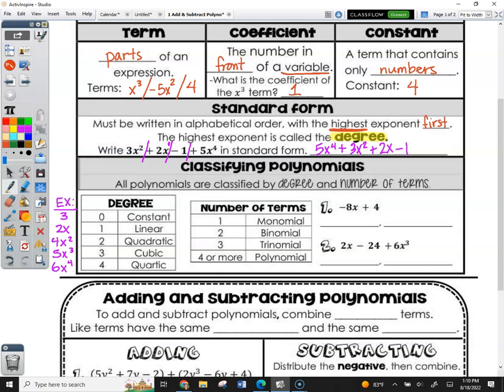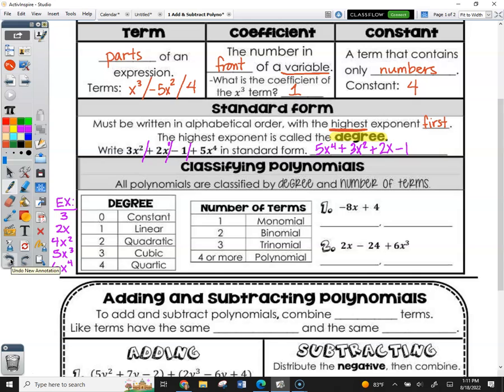So you name it by what the degree is, then you name it by how many terms it has. All of those are monomials. Monomial means it's just one term. Mono means one.